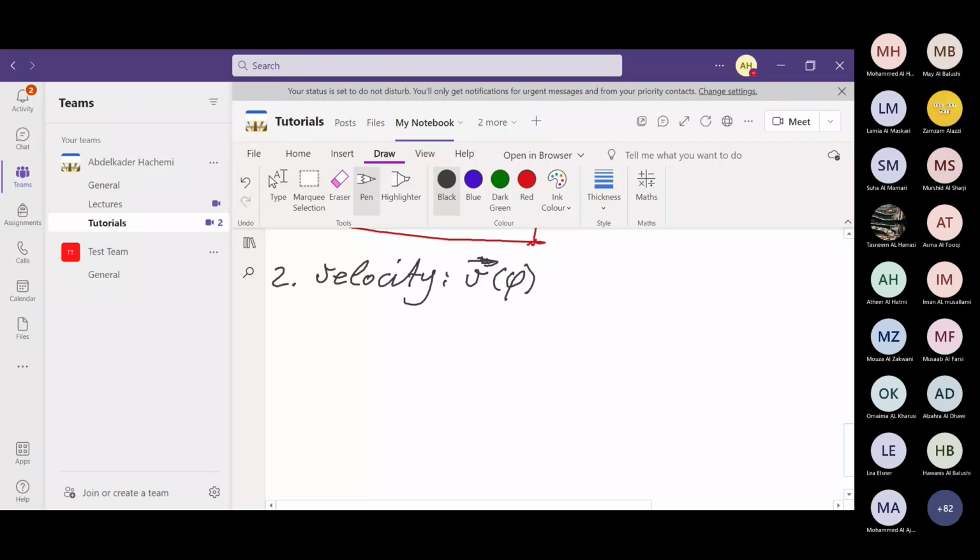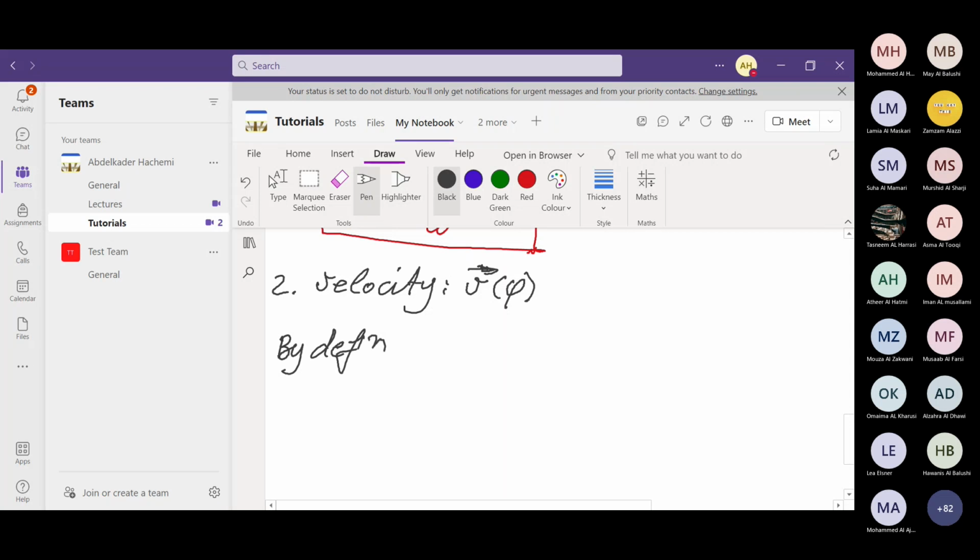What we have by definition, the velocity v is only the time derivative of r, the position. This means it's dr over dt.